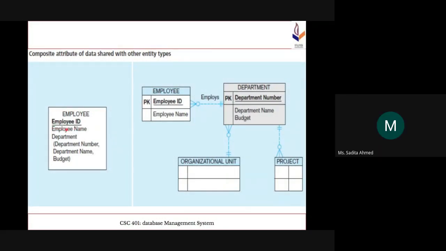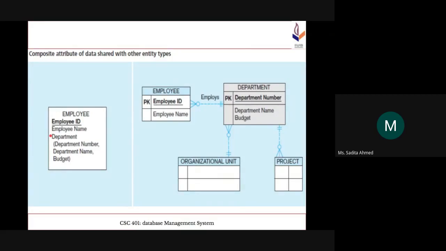Of course, it's an attribute. Why not? It's the name of the employee. An employee will have an ID and a name, right? Department is a composite attribute, but employee name is a regular attribute. There's no notation.